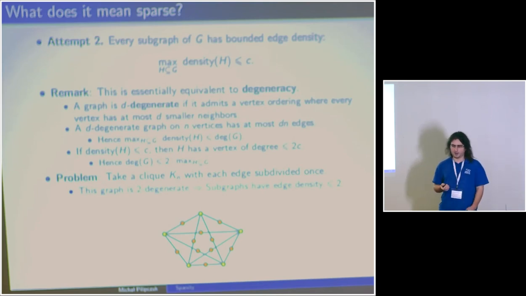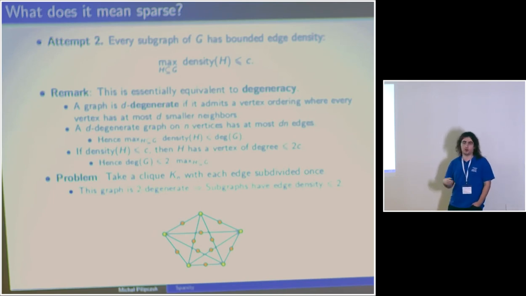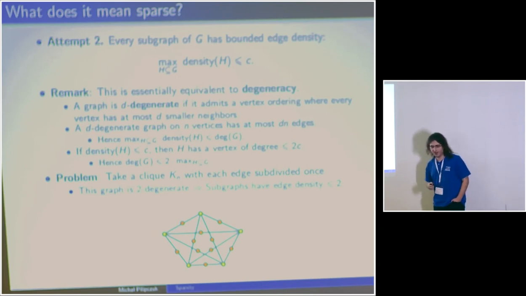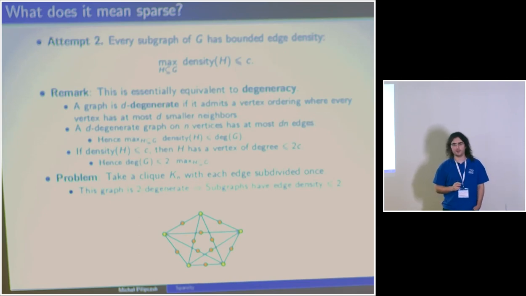And for many years, in many communities, people were looking at this notion of degeneracy or arboricity, which is equivalent, and designed algorithms based on this. Yes? And then the answer in that kind of theory would be to say that this graph is actually sparse. So in this theory, we take a different turn, and we would consider this graph as dense.